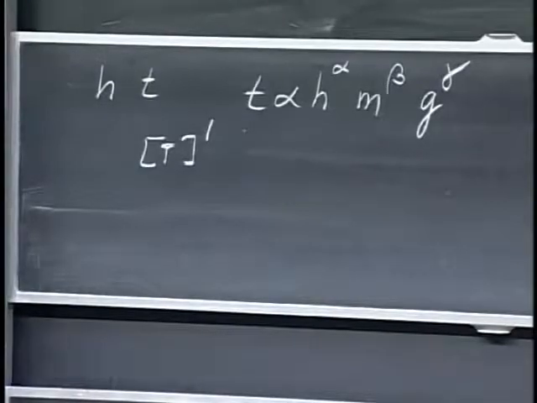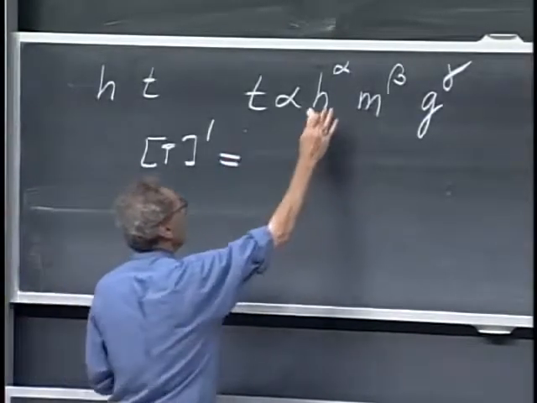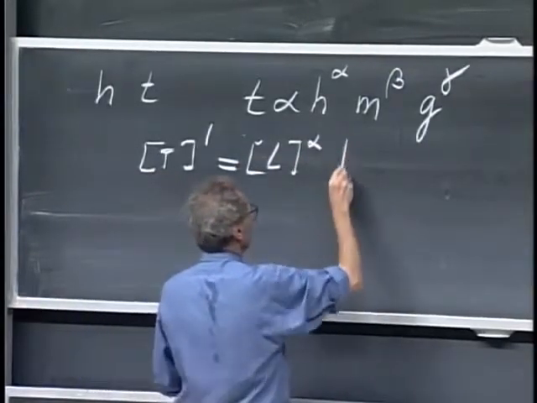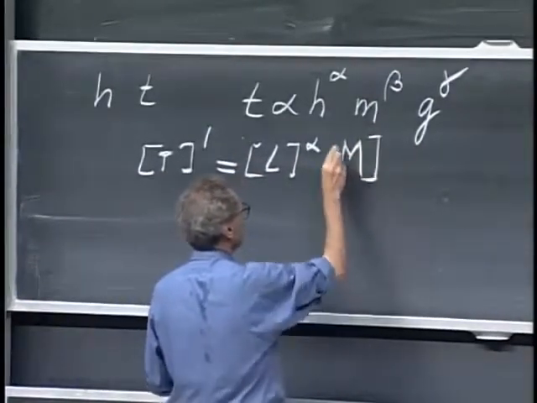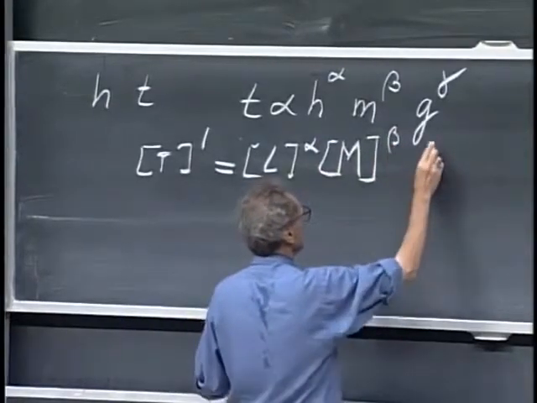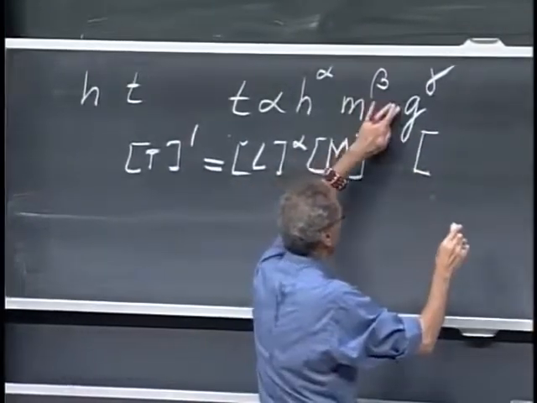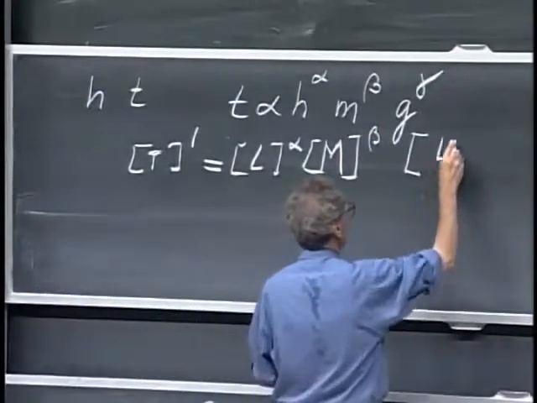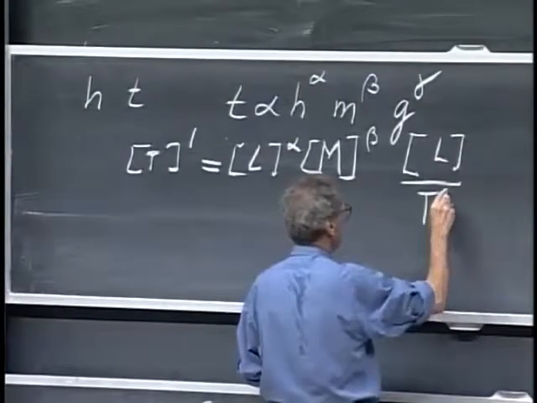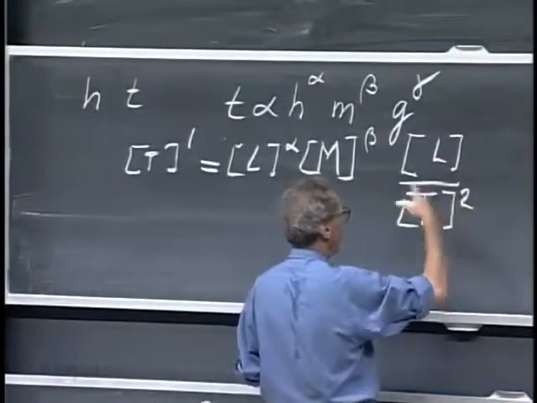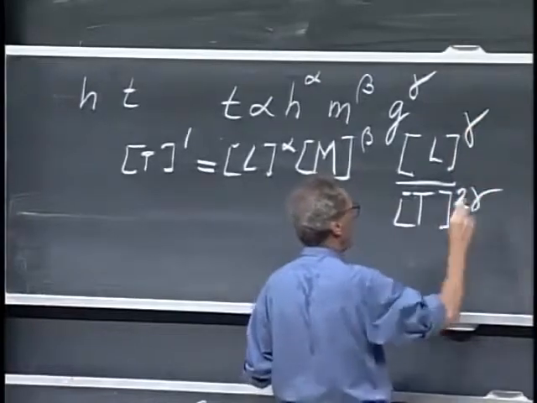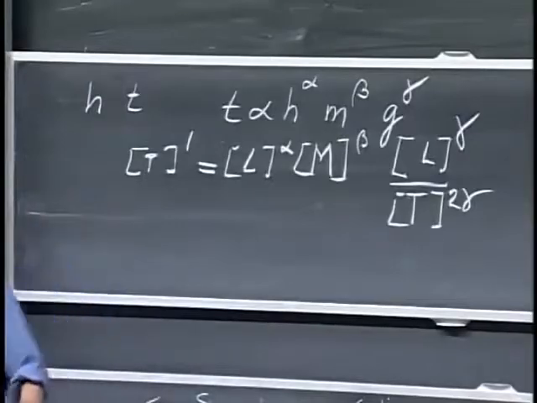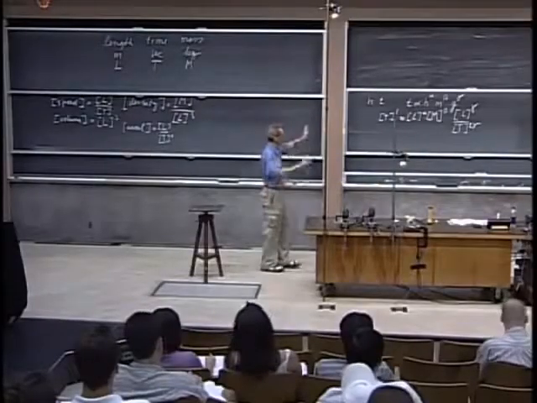It's that T. That must be the same as length to the power alpha times mass to the power beta times acceleration. Remember, it is still there on the blackboard, has dimension L divided by time squared, and the whole thing to the power gamma. So I have a gamma here, I have a gamma there. This side must have the same dimension as that side. That is non-negotiable in physics. Okay, there we go.